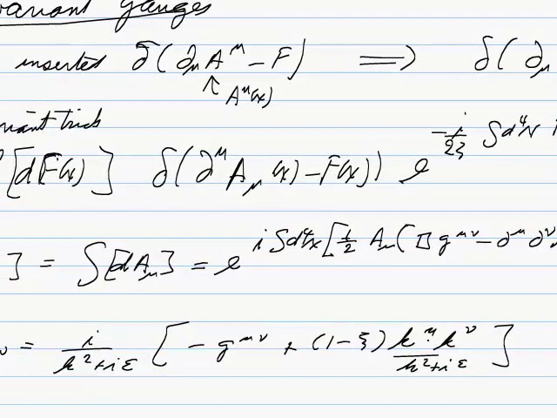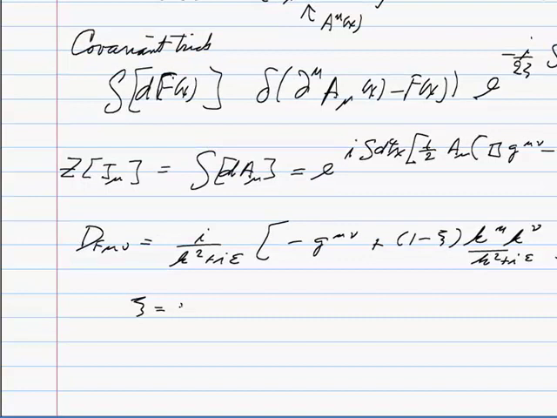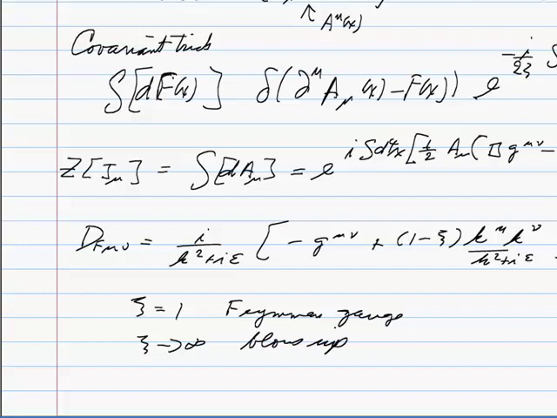This is the propagator now, and if we take c equal to 1, it's Feynman gauge. If you tried to take this term and set it equal to 0, you would take c goes to infinity, it blows up. But we already knew that there is no inverse when you drop this term, so it's no surprise.